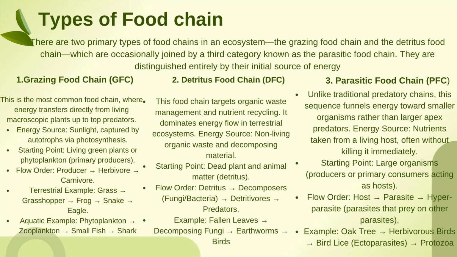How does the flow go? First will be the host, then the parasites which sit on them, then the hyperparasites, which are the prey of the parasites. Taking the example of an oak tree, we have herbivore birds sitting on the tree, then bird lice, ectoparasites, then comes the protozoa.